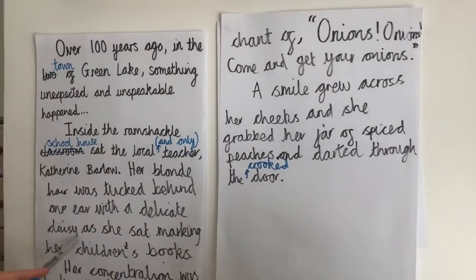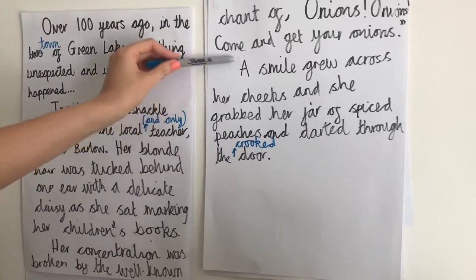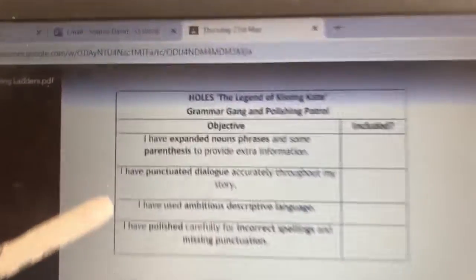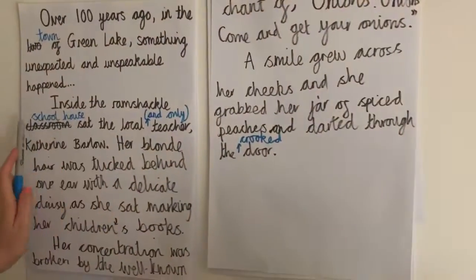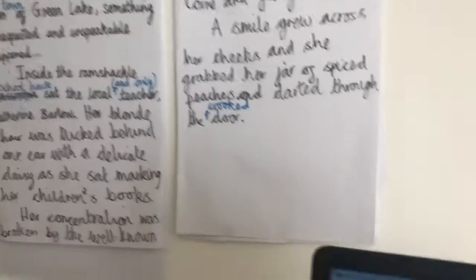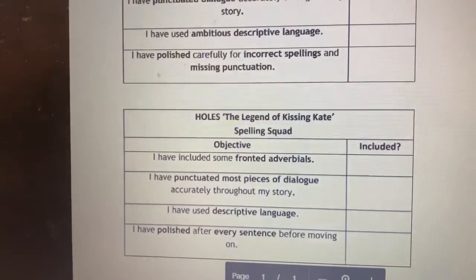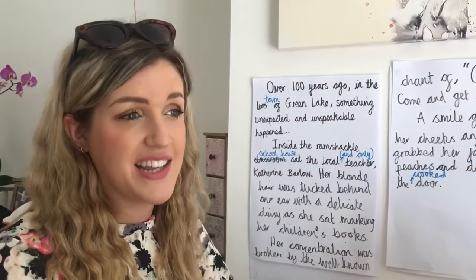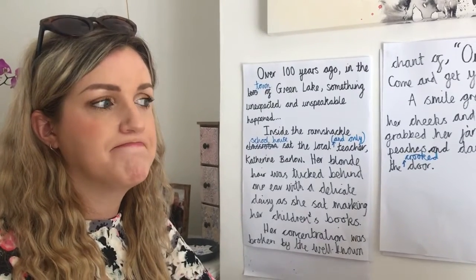I'd say so here, when we're describing her. And this as well. This is all descriptive language using show, not tell. What else have we got? Fronted adverbials, we've got some here. Inside the ramshackle schoolhouse, we've got one there. And then polishing. Some of you after every sentence, some of you I'd say after every paragraph or so. And I do have to say, when work has been submitted lately, I'm not sure how much polishing has occurred.